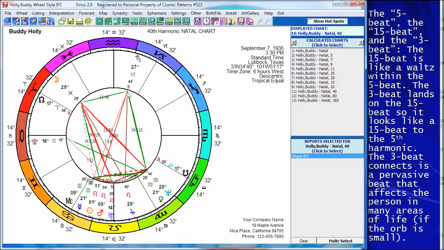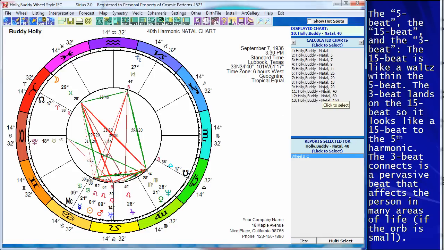So when I go from 5 to 10 to 20 to 40, I'm increasing the magnification, and a 40th harmonic aspect appears as an 8th harmonic in the 5th harmonic chart, and then as I go up to the 10, 20, 40, it becomes lower and lower aspects until it becomes a conjunction, as we saw.